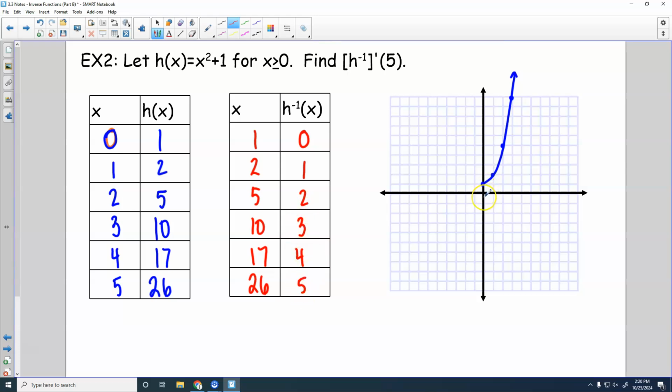So that is going to be 1, 0, 2, 1, 5, 2, 10, 3. Label this here too. This is h inverse of x, and this is just our h of x.